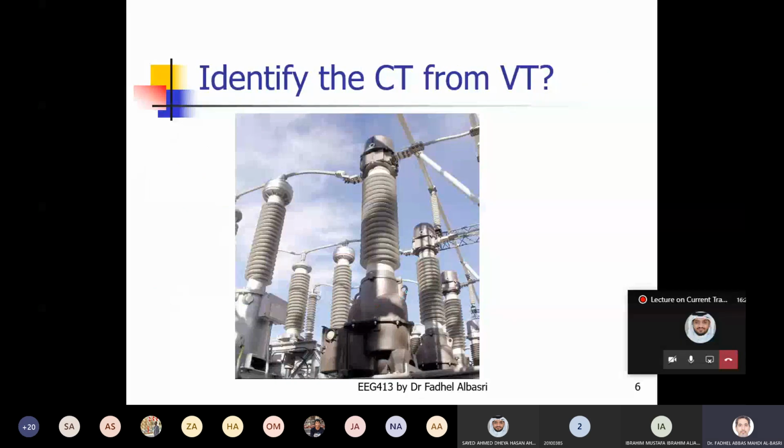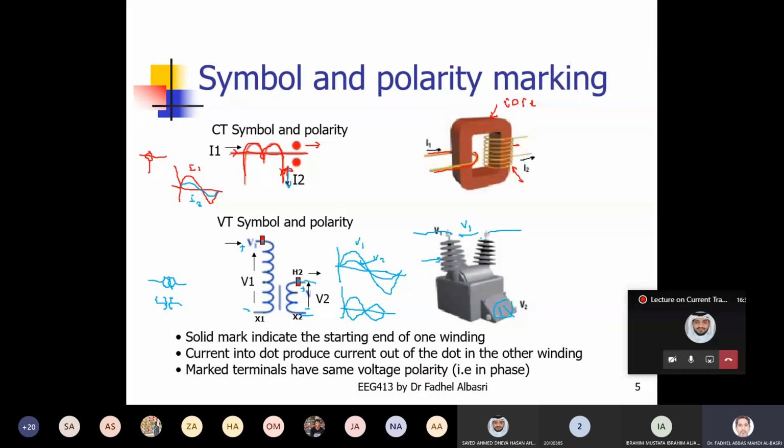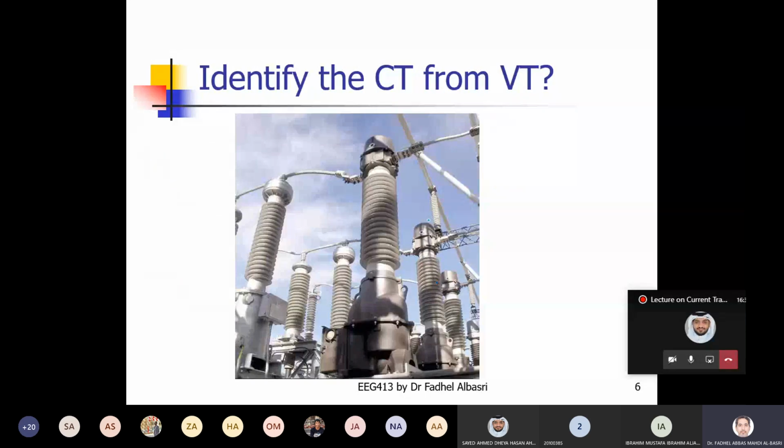In high voltage systems, you know, the CTs and VTs don't look like a regular one that you might see in a lab. They are huge, okay? And if you look at this picture, this is a CT.